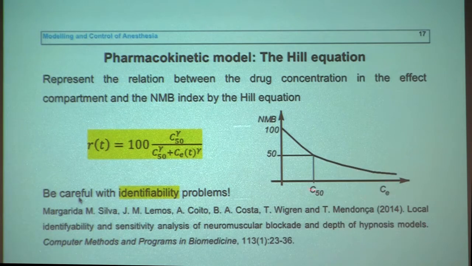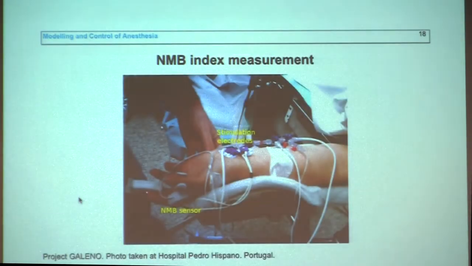And when C is this parameter C50, you are at 50%. That's why this is called C50. So you have two parameters, C50 and this gamma. Actually, the curve is not exactly like that. It's a little bit S-shaped. Still, only with these two parameters, you have a lot of identifiability problems. That's another story that I'm not going to speak about. So you have to postulate a number of parameters.